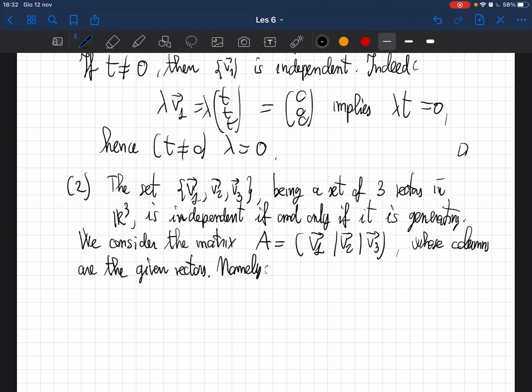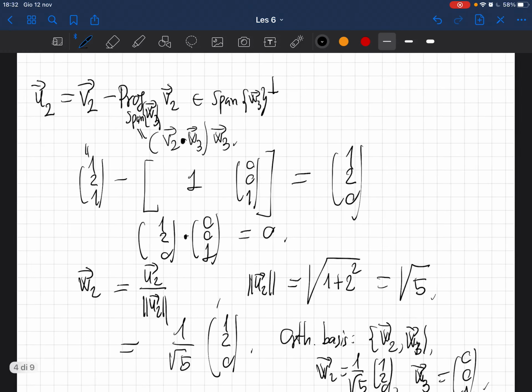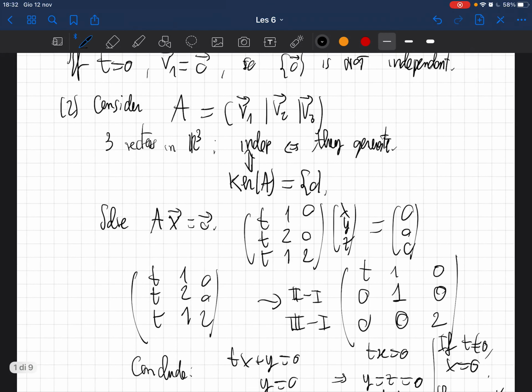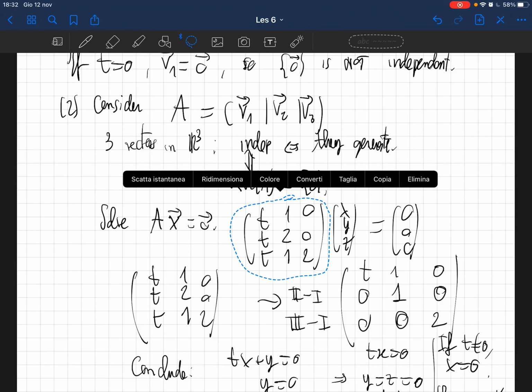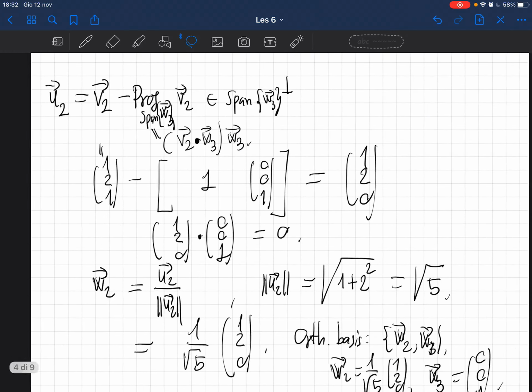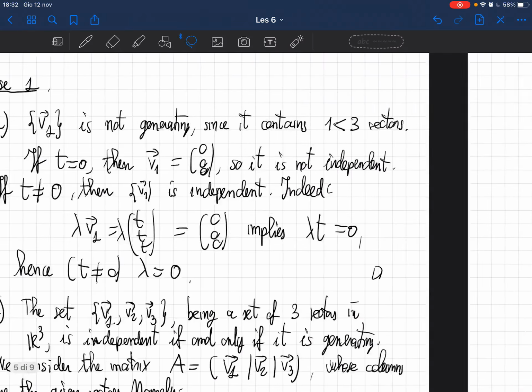Namely, A is equal to what? Let me check. Okay, so let me just copy this. t, t, t, 1, 2, 1, 0, 0, 2. I mean, just forgetting stuff.